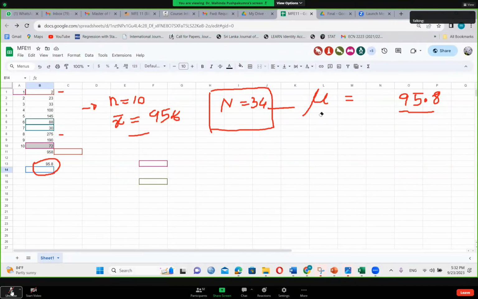If I say that sample mean is 95.8, the sample is a representative sample and the sample size is 1/3 of the population, then you can say in this population, the average number of messages received in the last 5 hours is 95.8. Do you agree?